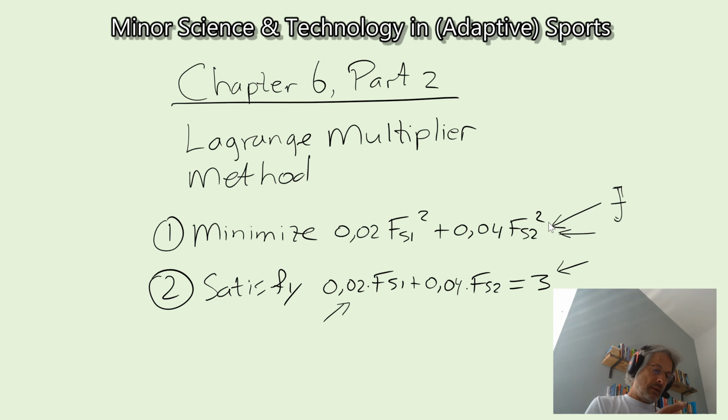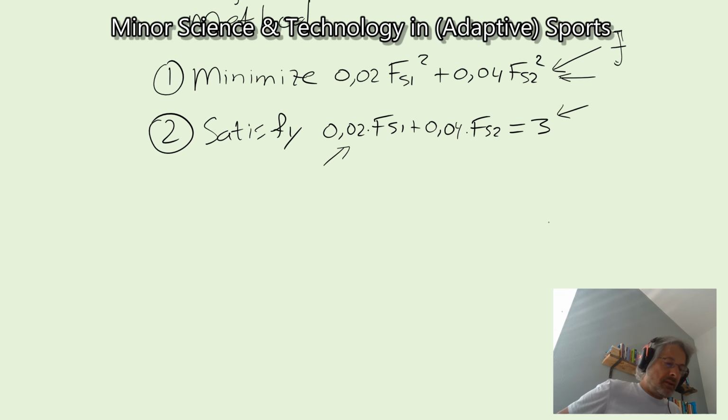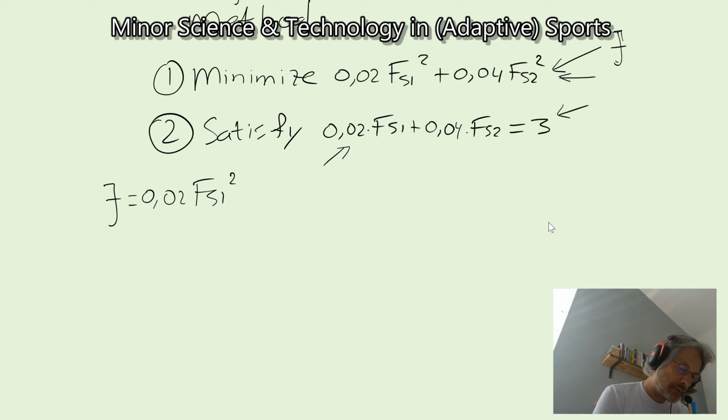Okay, well, the trick here is that we start by taking the minimization criterion. So we have J equals 0.02 times Fs1 squared plus 0.04 times Fs2 squared.